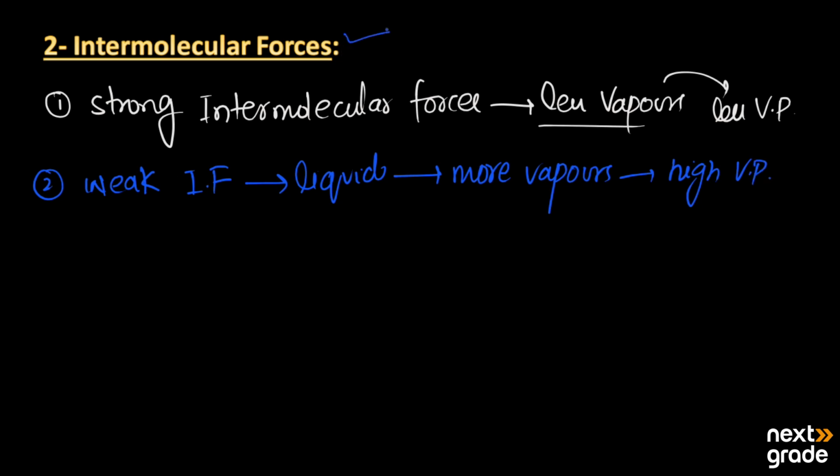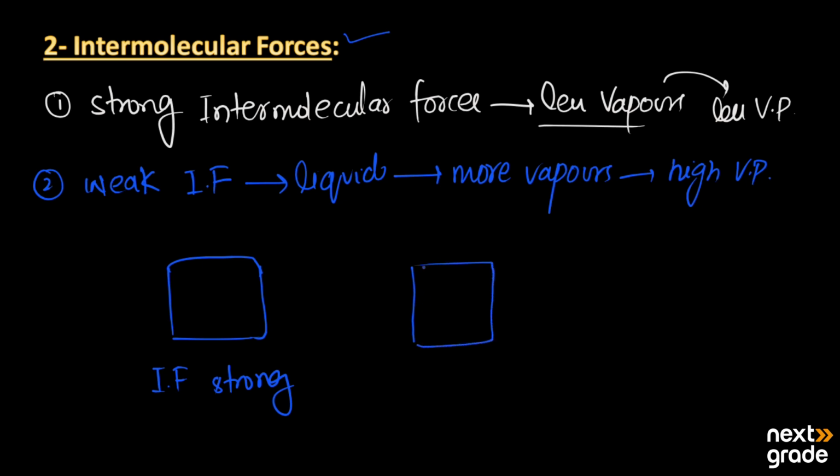Now why? For example, in this container we have a liquid where the intermolecular forces are strong. On the other hand, we have a container in which the intermolecular forces are weak.